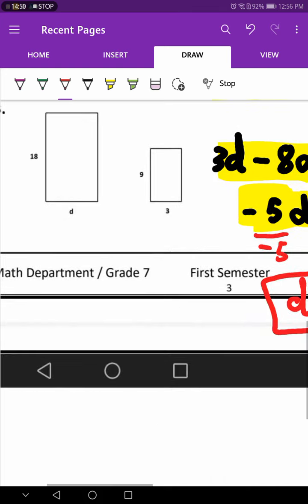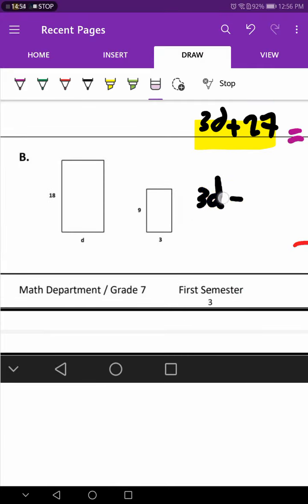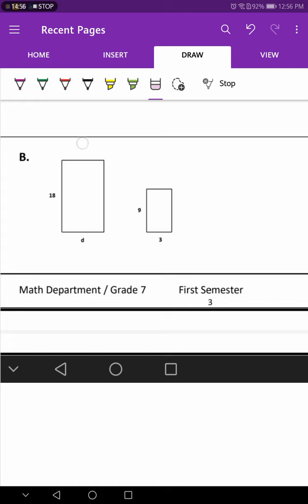Okay, now let us do part B. So we use the corresponding sides. So this side corresponds with this side. That means 18 over 9. Teacher, can I divide 9 by 18? Yes, you can. You can start from small to big or big to small. It is up to you.